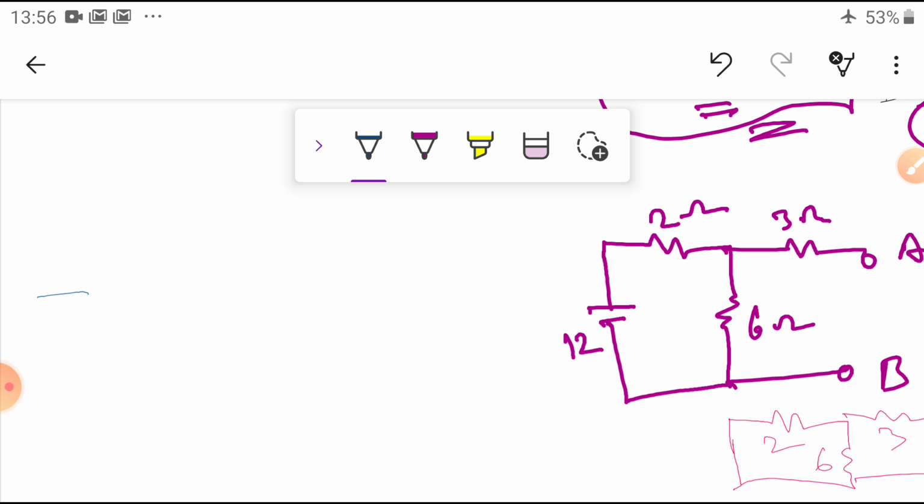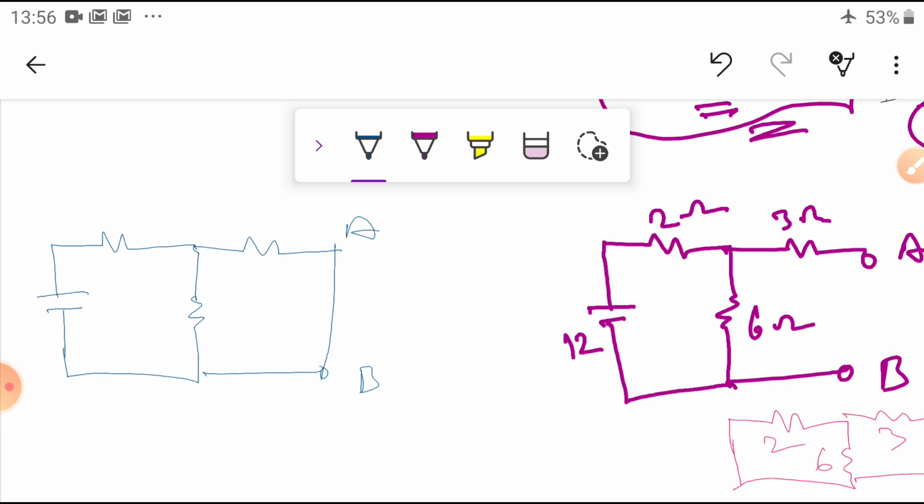So voltage source, resistance 6 ohms, now 3 ohms, and this is A and B terminal. Simply short it. 3 ohms, 6 ohms and 2 ohms and 12 volts. Now I want to know what is the current here. For this purpose you calculate the equivalent resistance.